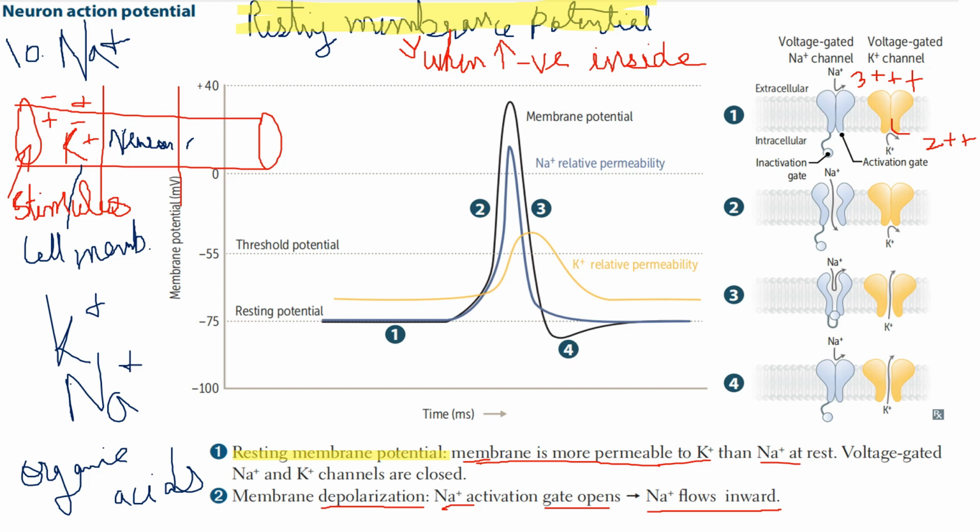So inside it's now less negative, which means it is going to be positive. Outside, since the ions are coming inside, it is less positive, and less positive is negative. So the charges are like this: positive inside and negative outside. This phase is the depolarization phase. Let me write it.